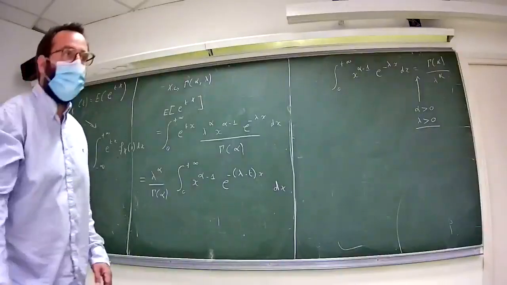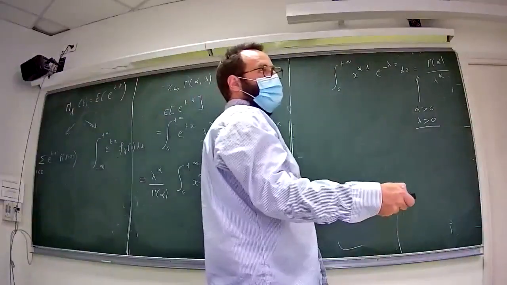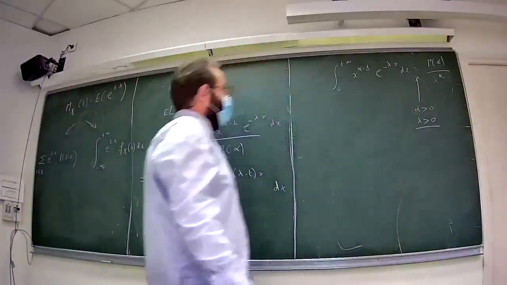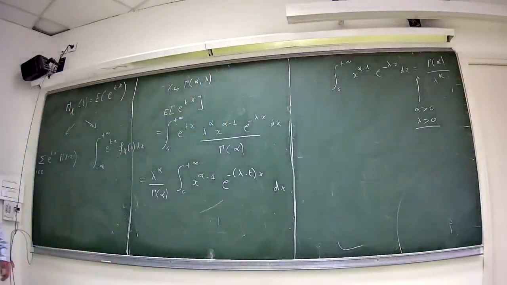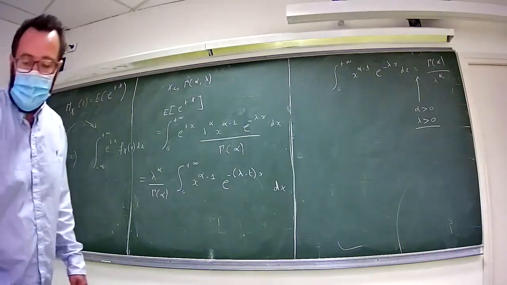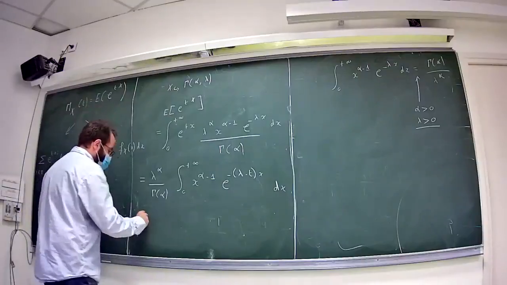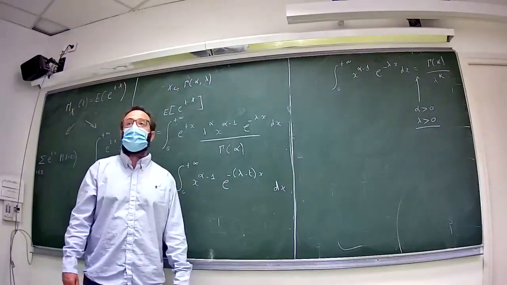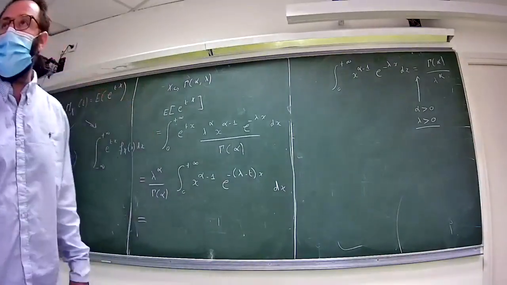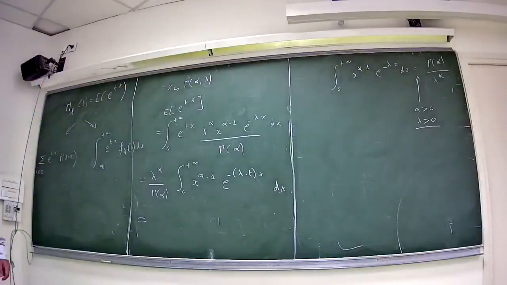I have something of the same form here. The only thing that is changing is that I replace my lambda by lambda minus t. So if I want to continue my computation, I need to impose one restriction on the parameter, because this integral is not always finite. It is finite when the parameters are strictly positive, according to what I have written here.